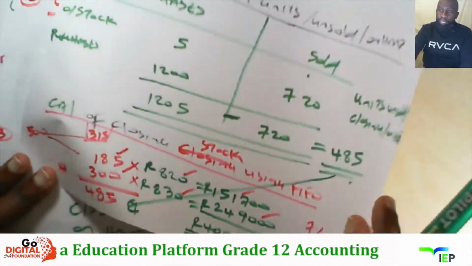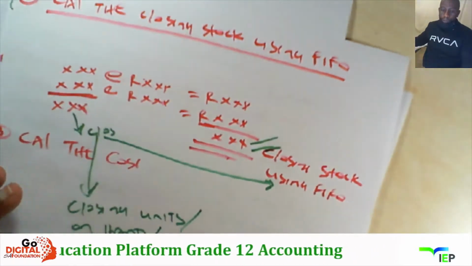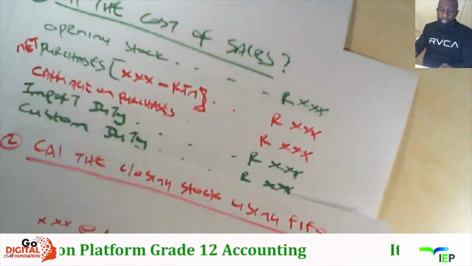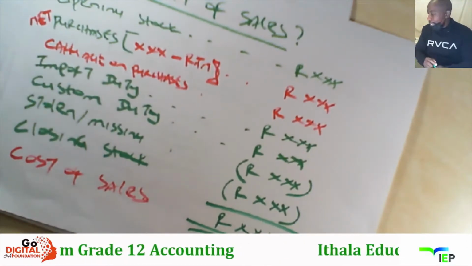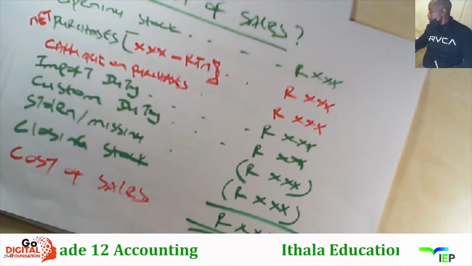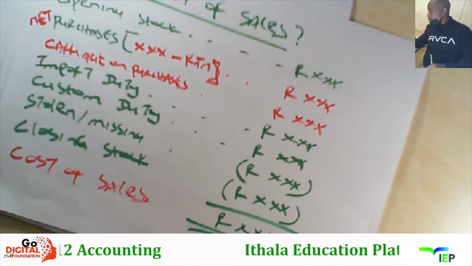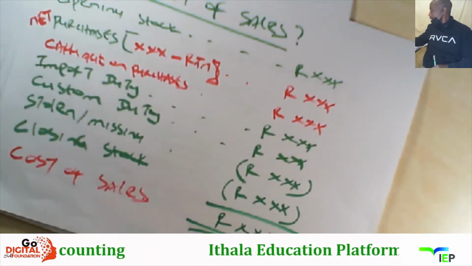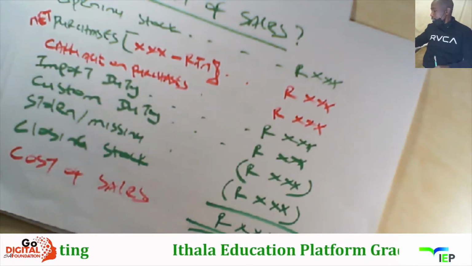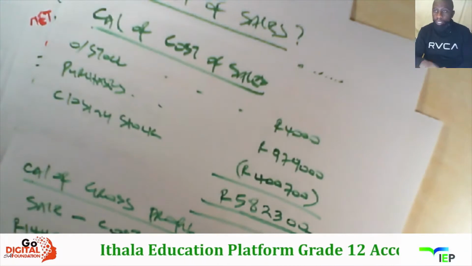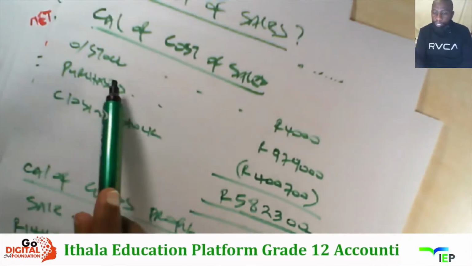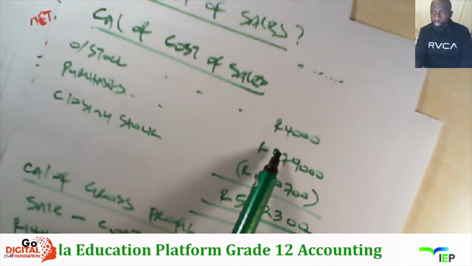And then after getting closing stock by using a Fifo, then the question is calculate the cost of sales, right? Now, let's look at the question of cost of sales. We say opening units, I mean opening stock, not units, sorry.